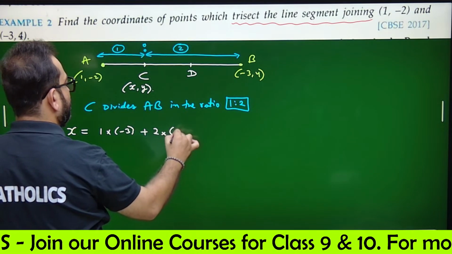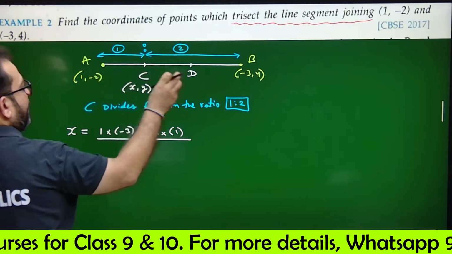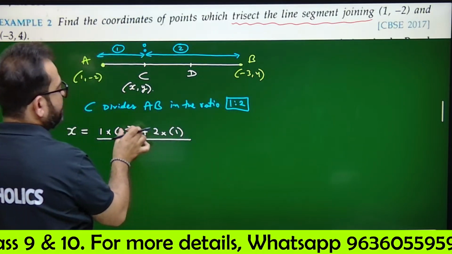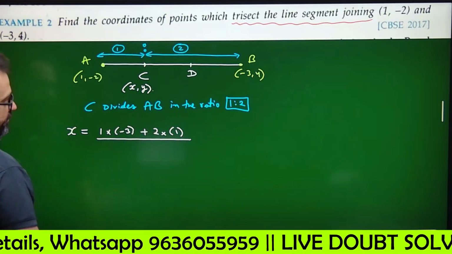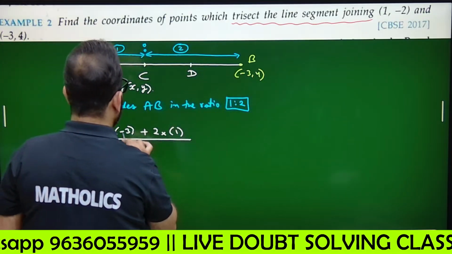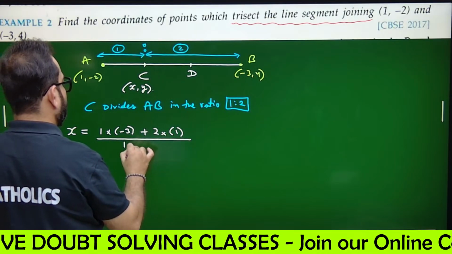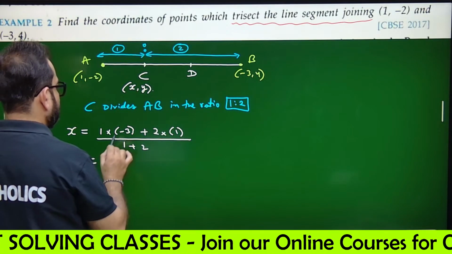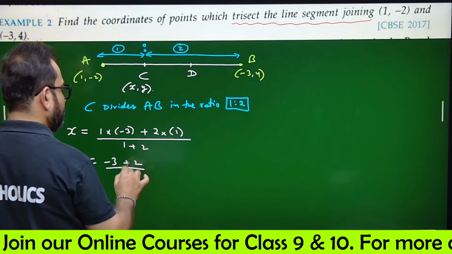The ratio always write out of the bracket. The values of these coordinates always write inside brackets, because they could be negative or positive, so you will be safer here. So 1 into -3 I have written, 2 into 1 I have written, upon 1 plus 2. Got this point? So this will be -3 and this will be plus 2, whole upon 3.